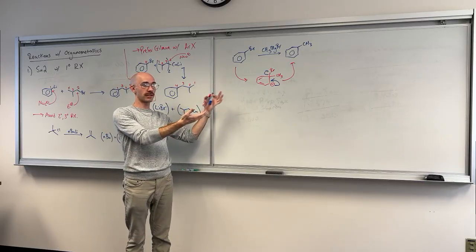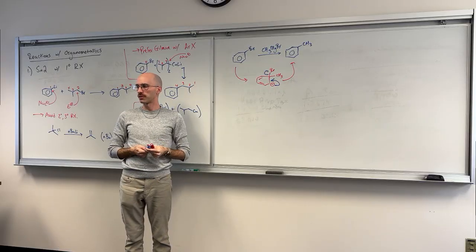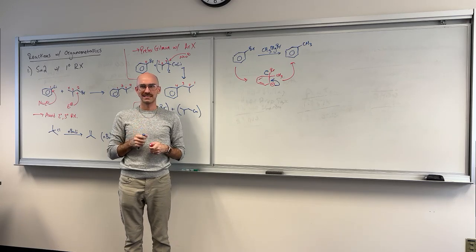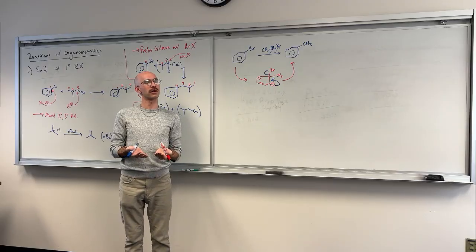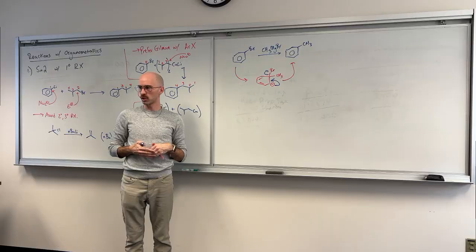Is carbon here a stronger nucleophile than those, or a weaker nucleophile than those? Carbon is a stronger nucleophile. What do nucleophiles do with their electrons? They share them. Who shares better, carbon or oxygen?